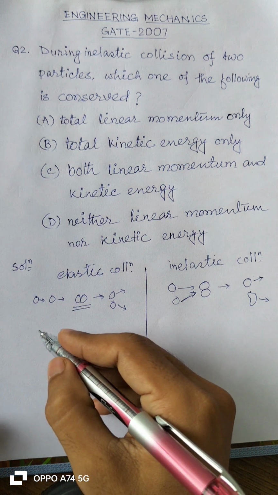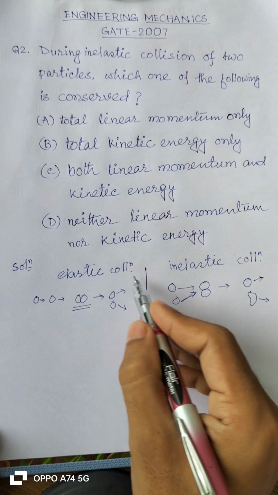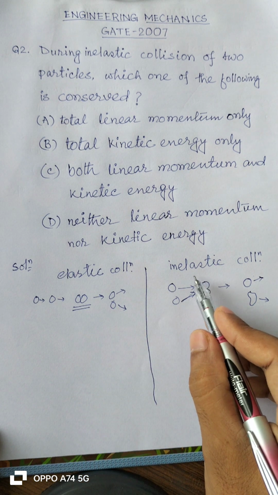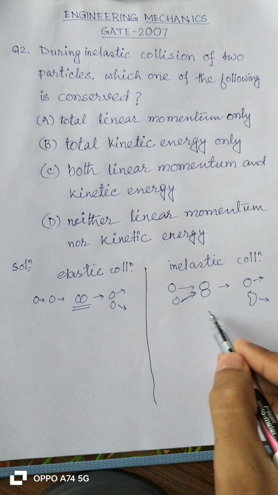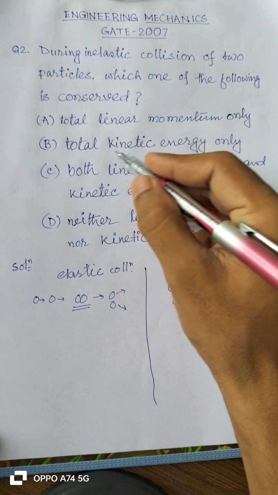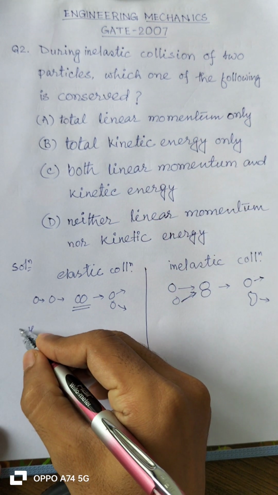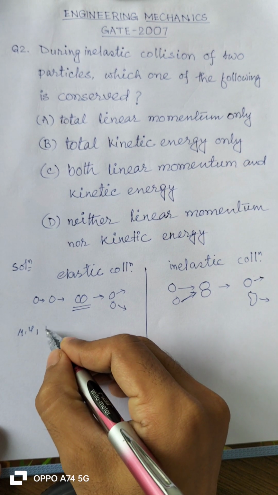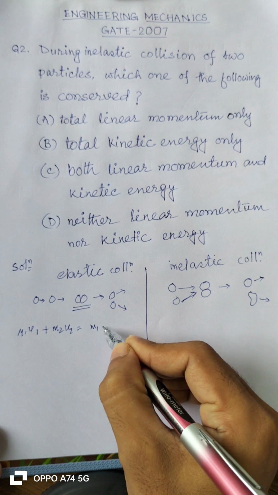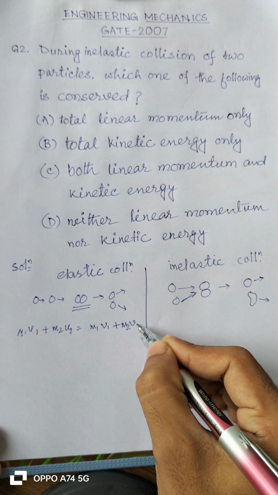Okay, so in elastic collision, kinetic energy is conserved, but in inelastic collision, kinetic energy is not conserved, but momentum is conserved. That means m1 u1 plus m2 u2 is equal to m1 v1 plus m2 v2.